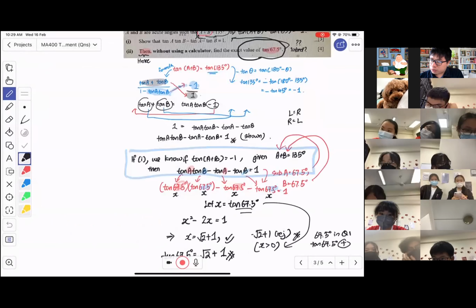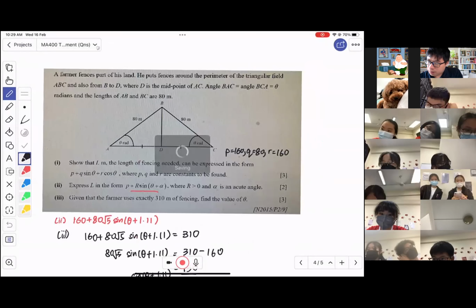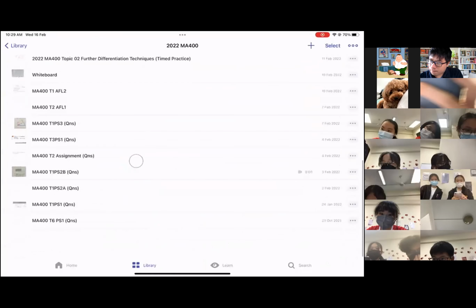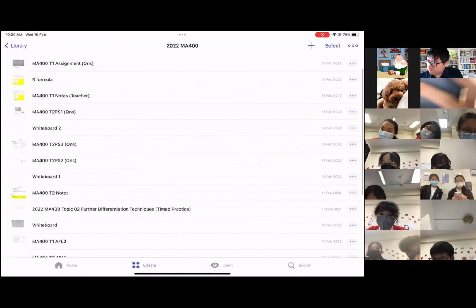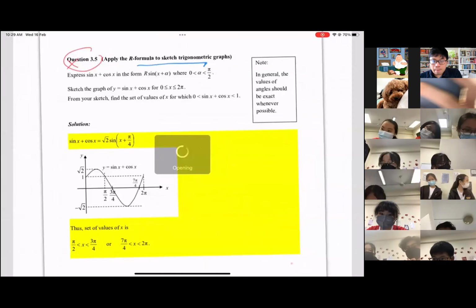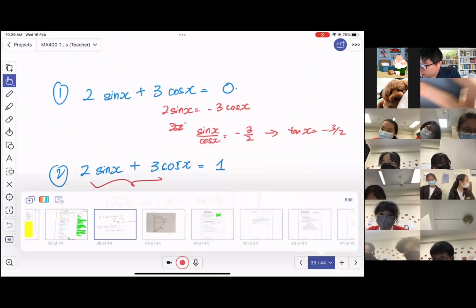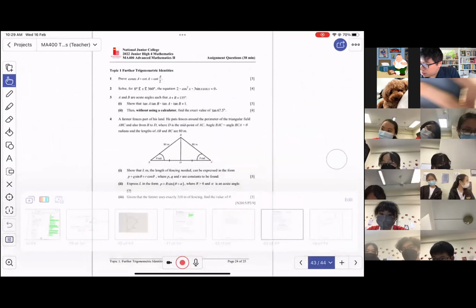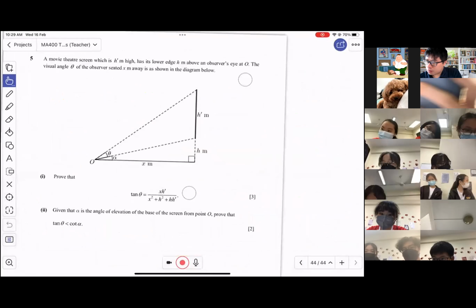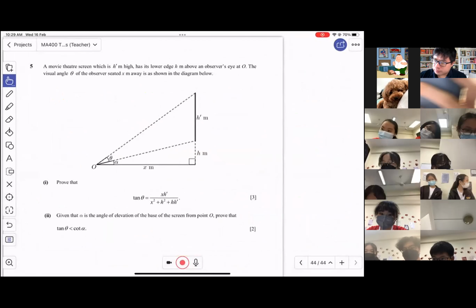Okay, then let me look at the notes. This one. Okay.